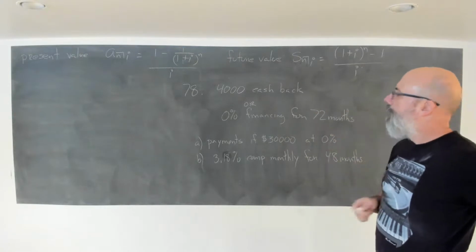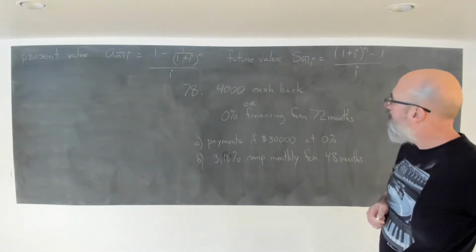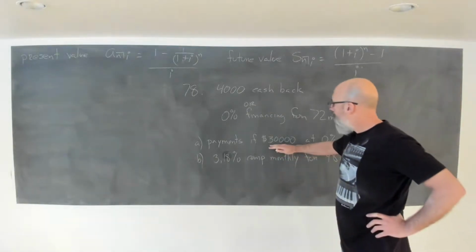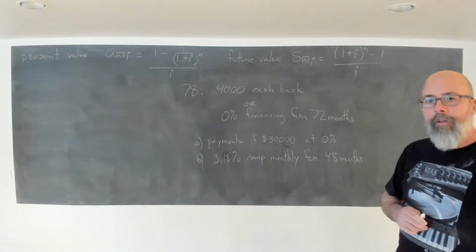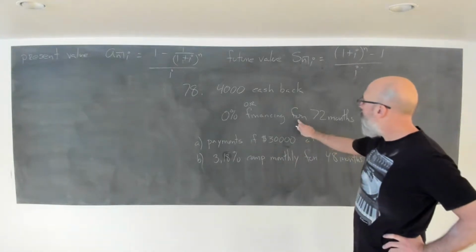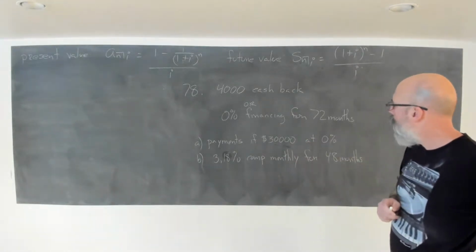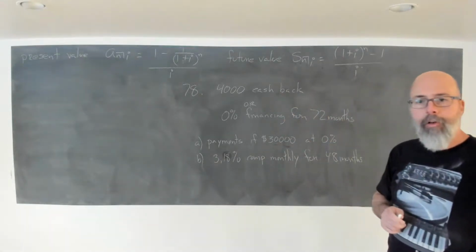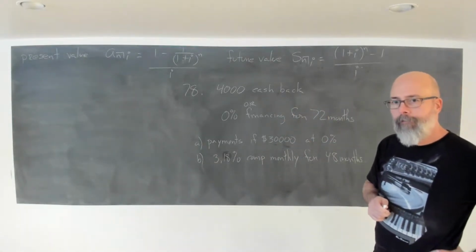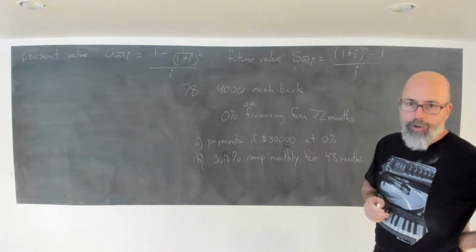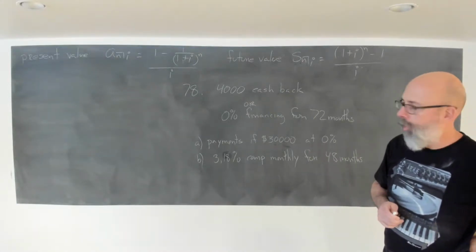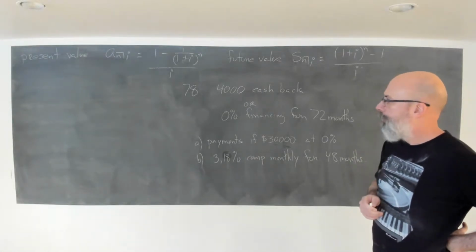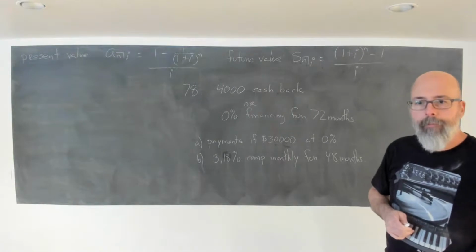All right. Consider this idea here that you have a $30,000 truck that you can either finance at 0% for 72 months or take a $4,000 cash reduction and get some financing elsewhere or pay cash, whatever you want to do.